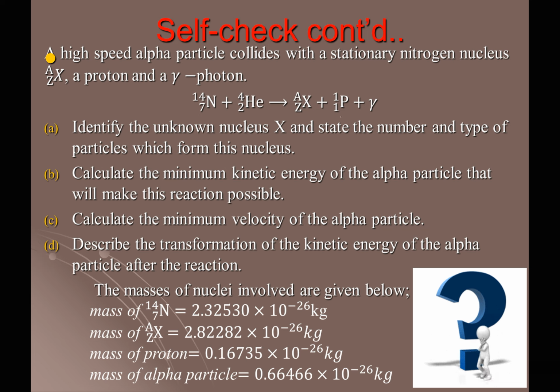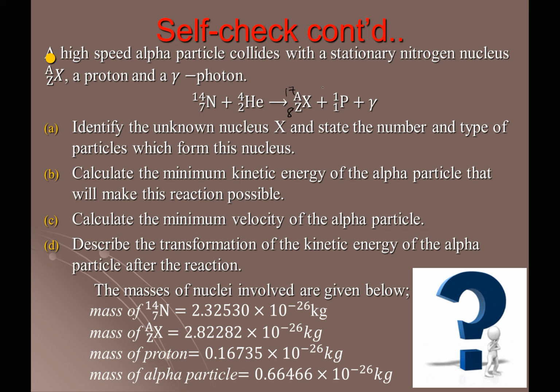On the right-hand side, we only have 1, so this is going to be 8. Z is going to be 8. Then nucleon number, we have 18, and on the right-hand side, we have only 1, so this is going to be 17. So X is 17, 8, which is most likely an isotope of oxygen, I think.